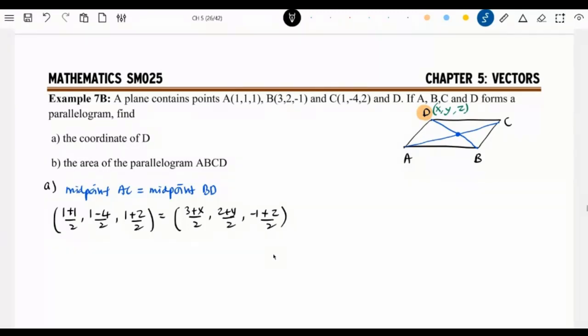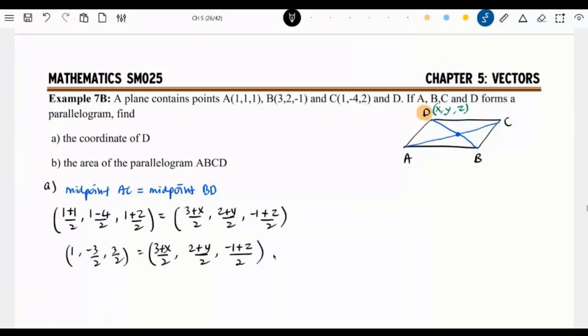Okay, so we have 2 divided by 2 adalah 1, negative 3 over 2, 3 over 2.